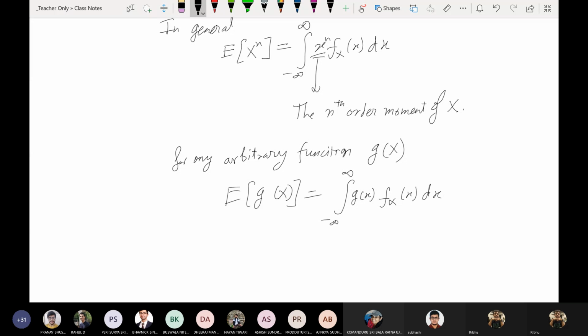So note that I'm writing capital X on the left hand side, but integrating over small x on the right hand side.